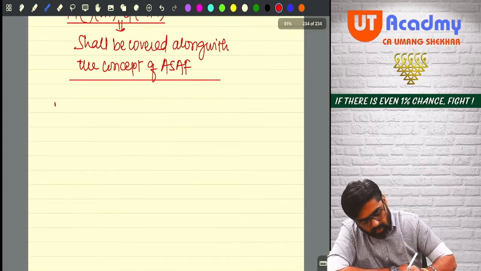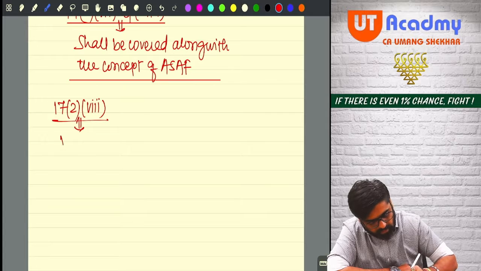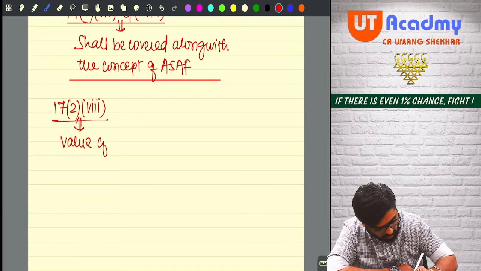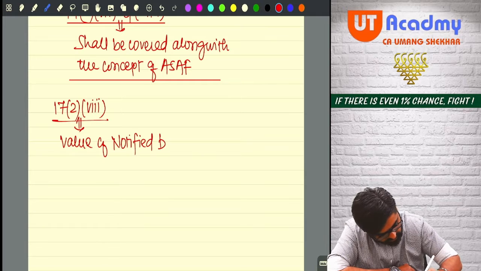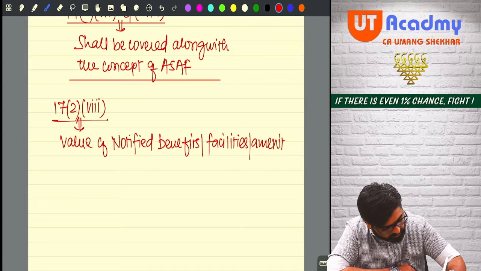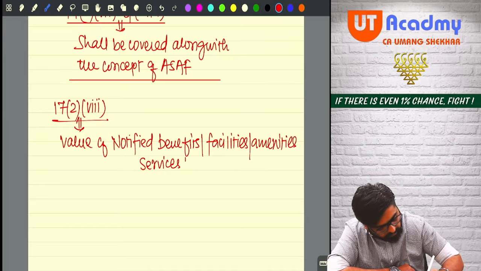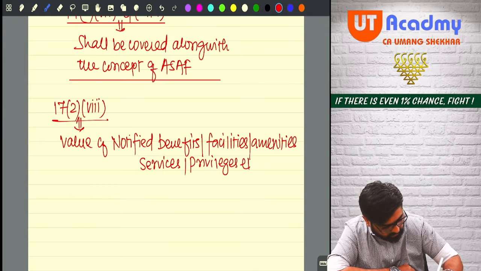Okay. Next one. Now I'm going to 17 subsection 2 clause 8. Now see, clause 8 says that value of certain notified benefits, facilities, amenities, services, privilege, etc. It can be by any name.